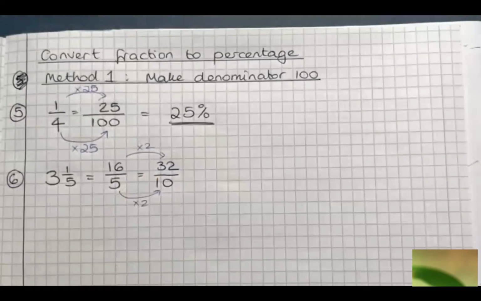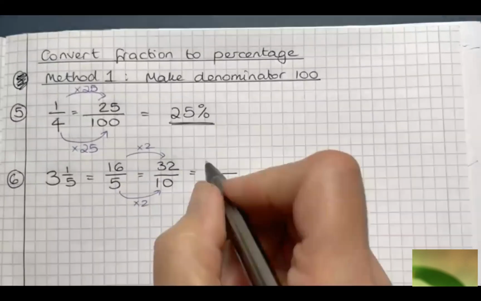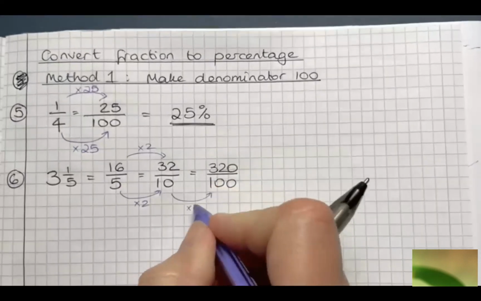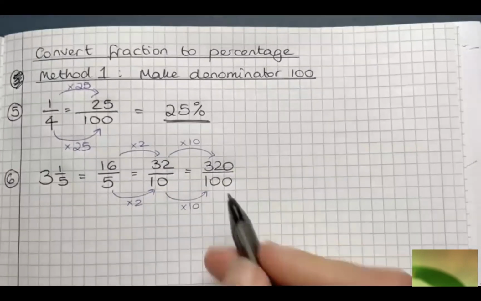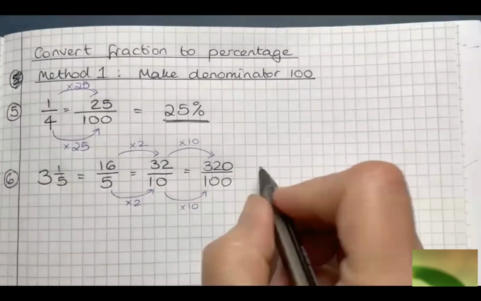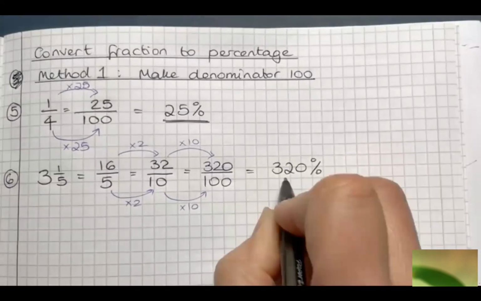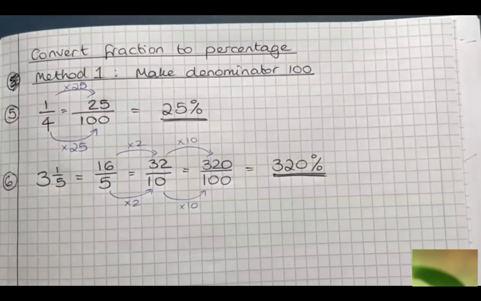And now it's fairly straightforward to see that if I multiply my numerator and my denominator by 10, I'm going to get a denominator of 100, and therefore we can see again that I'm going to have a percentage greater than 100%, and that is absolutely okay.